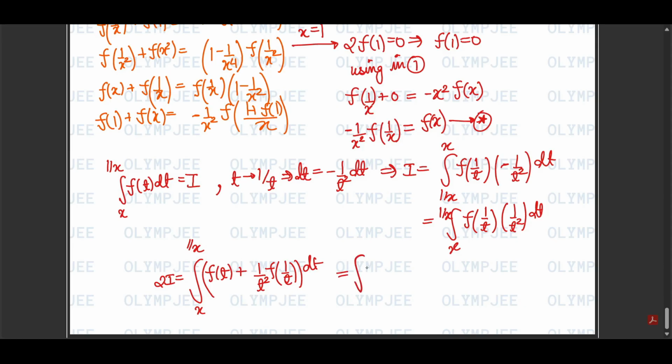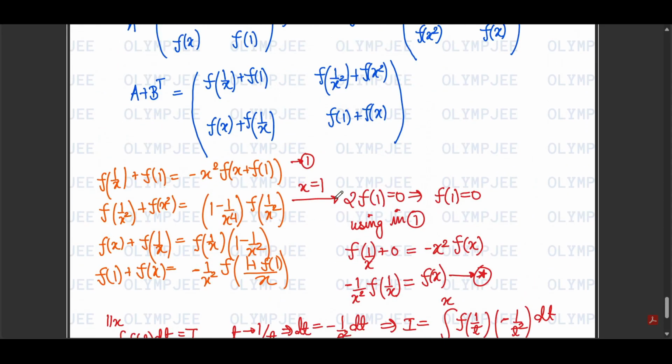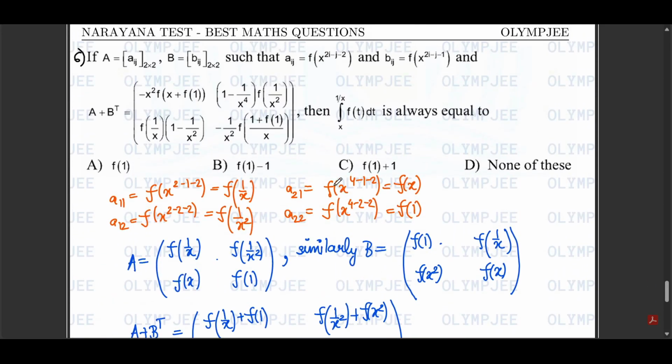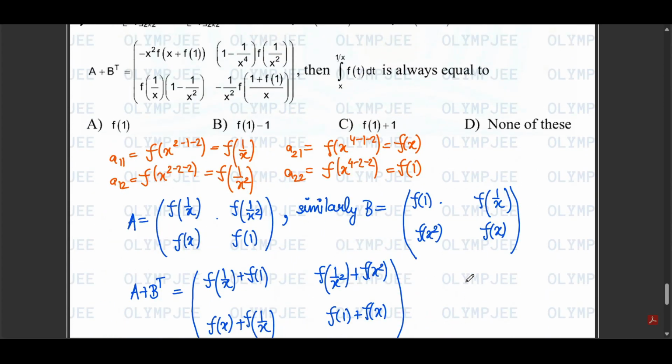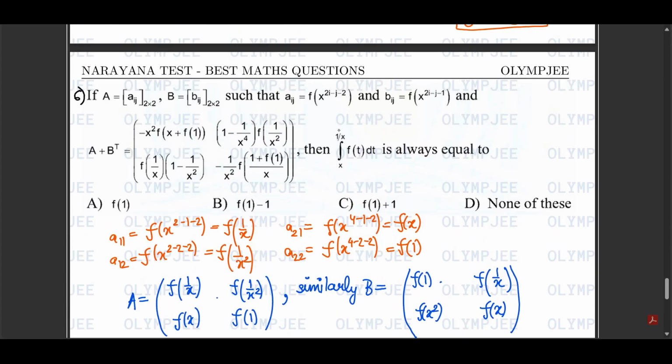So this will become 0 dt. So 2I will be equal to 0. So I will also be equal to 0. So we'll find out that f of 1 was also equal to 0. So I is equal to f of 1. So this thing is equal to 0, which is equal to f of 1. So option A is correct.